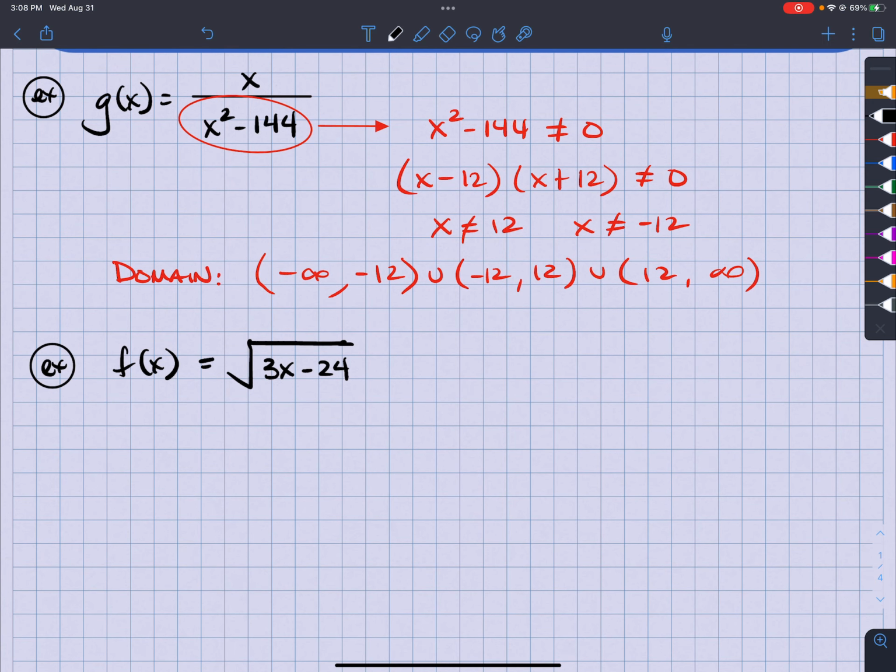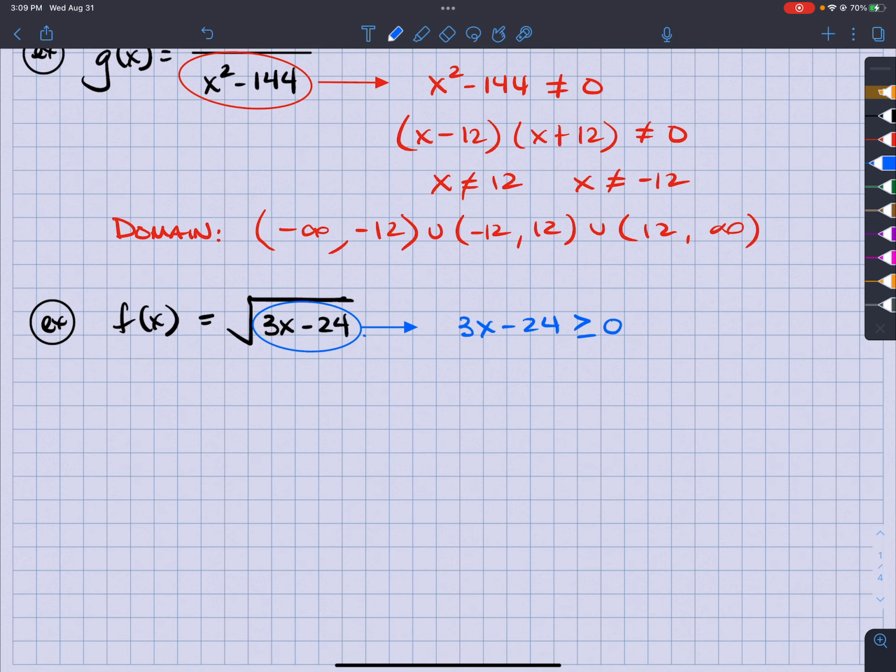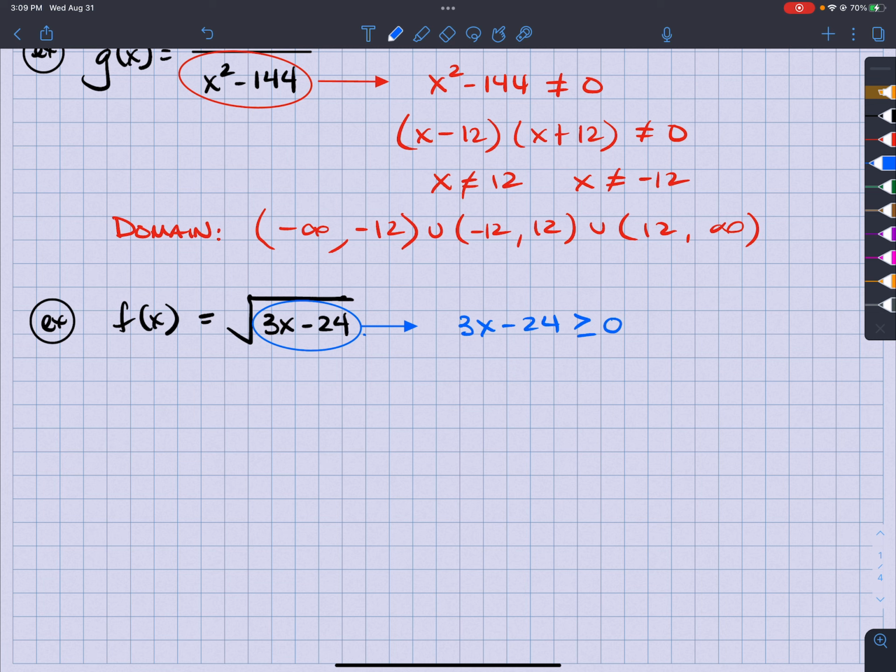What this tells me is the radicand, the 3x minus 24, has to be greater than or equal to 0. So if that's the case, then let's solve that. So I get 3x is greater than or equal to 24. So x has to be greater than or equal to 8.